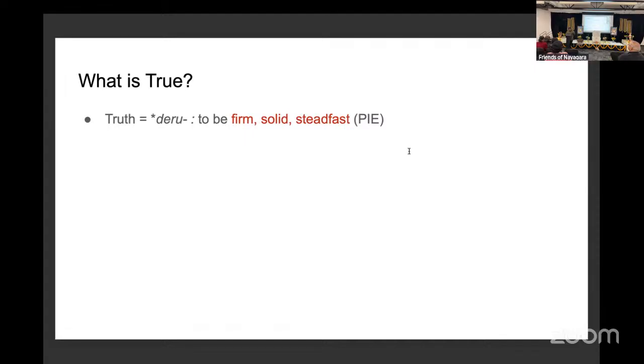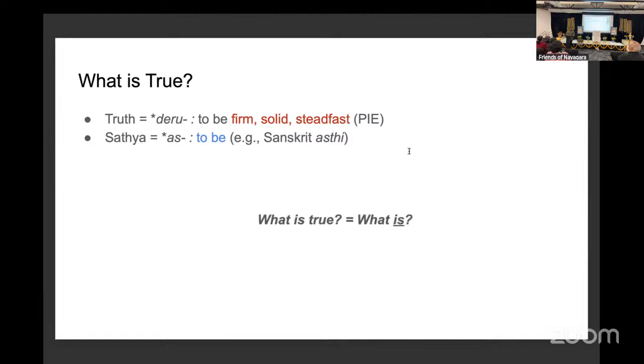And the word in Sanskrit for true is actually even better. It's satya, which comes from the root as, which means to be. That's where we get asti from, also in Sanskrit. So when you're asking the question, what is true, what you're actually asking is, what is, right? What is that?